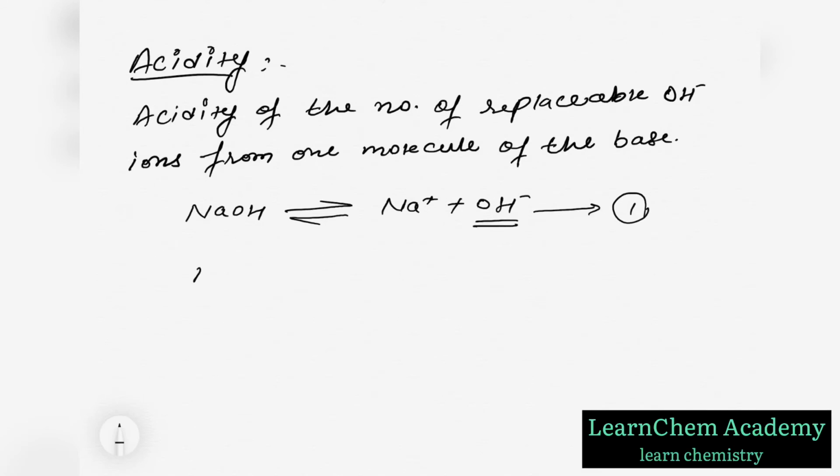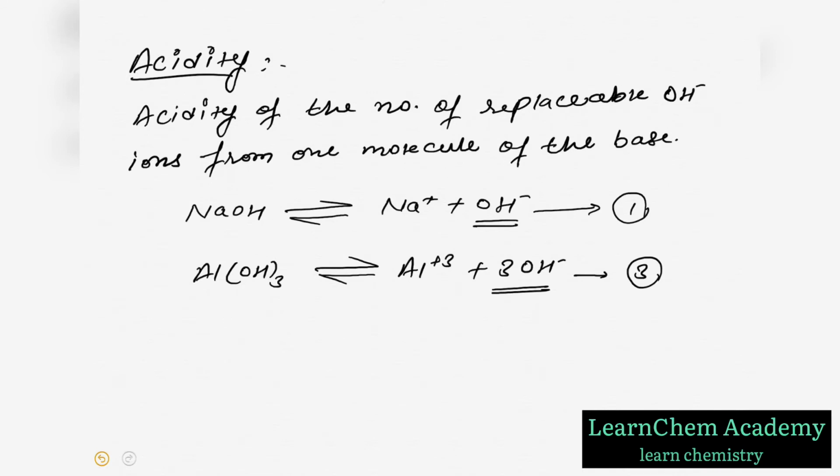If we talk about aluminum hydroxide, on ionization it produces aluminum 3 plus and three OH minus, so it releases 3 OH minus ions and its acidity is 3. So in a simple way, the number of OH minus ions produced by a base's molecule is called acidity.